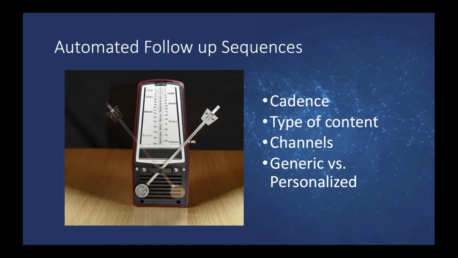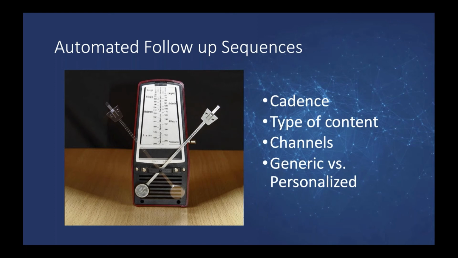Cadence is probably the second most important thing, because you do not want to be the person that's emailing somebody every single day. You do not want to be the person that causes people to wince when they see your name. That's no fun for anybody. So cadence is critical.